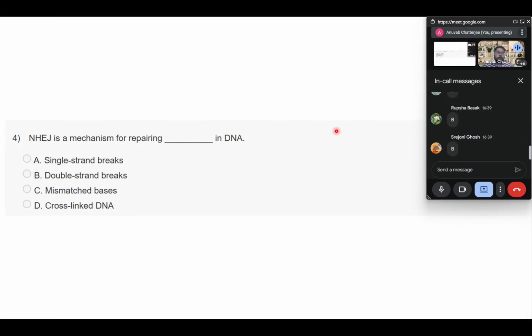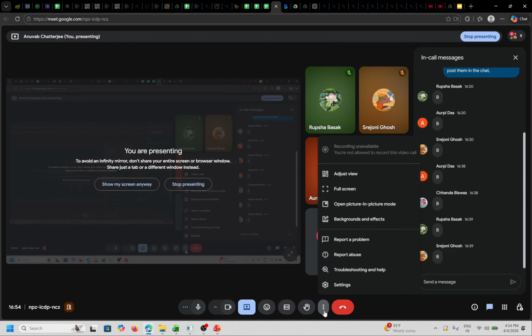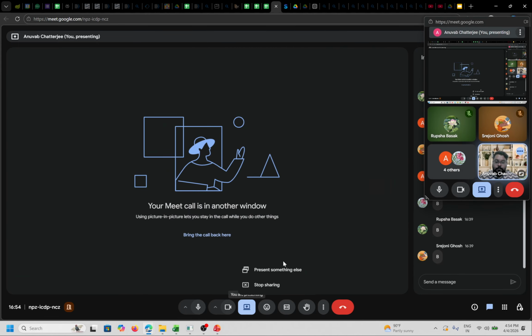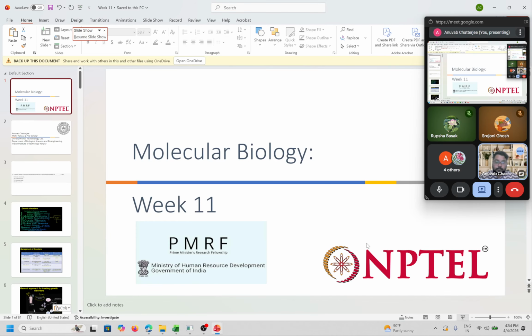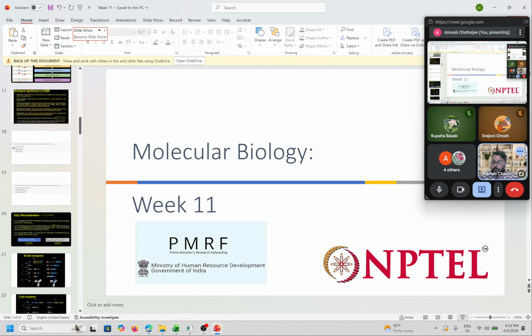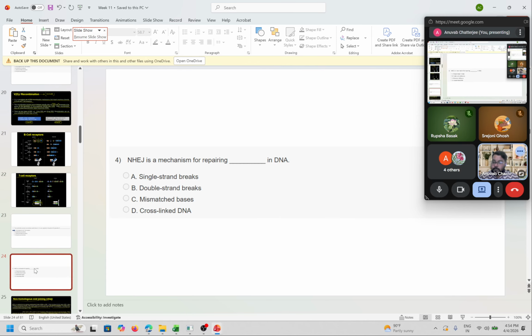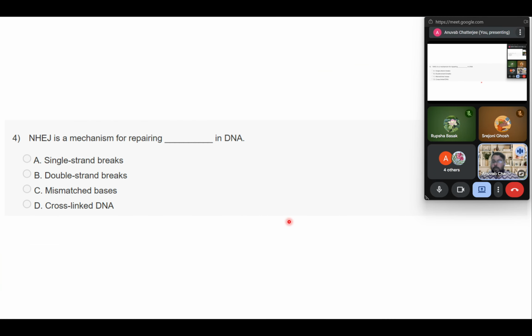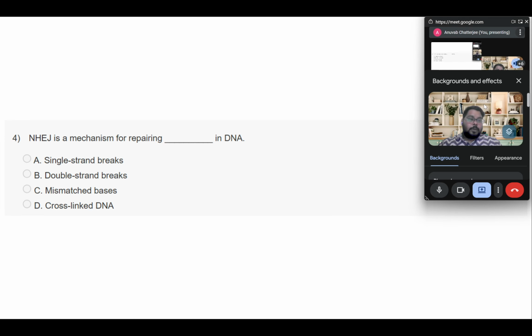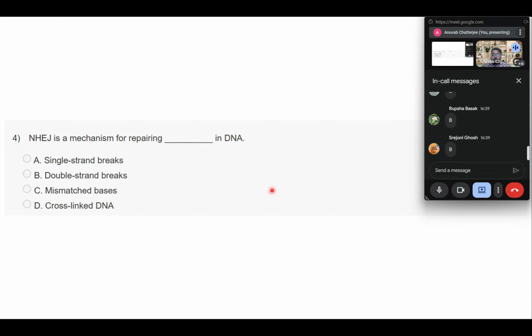You can put in what you think is the correct option in the chat.